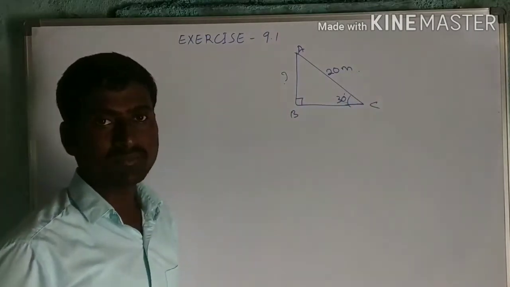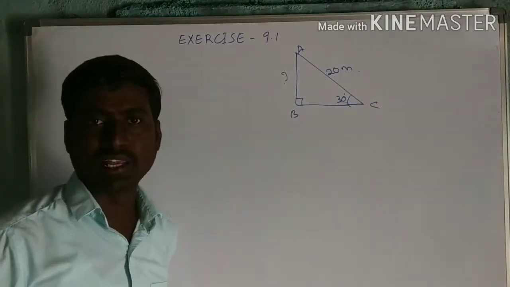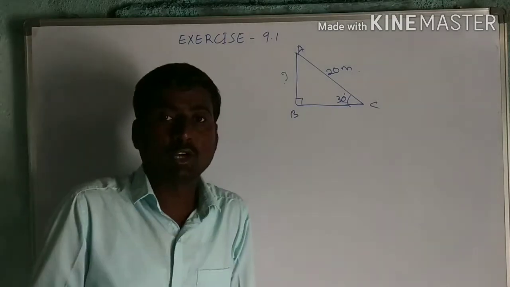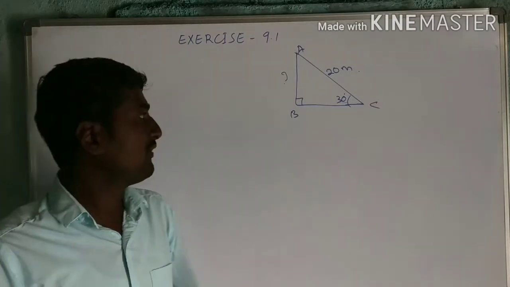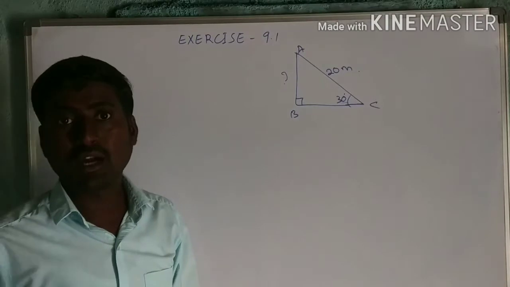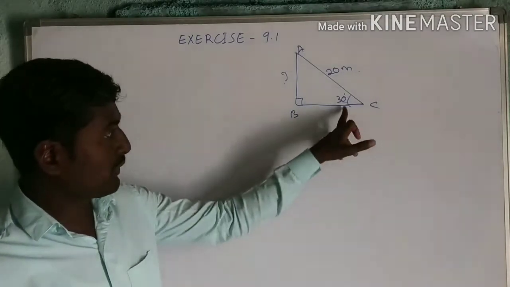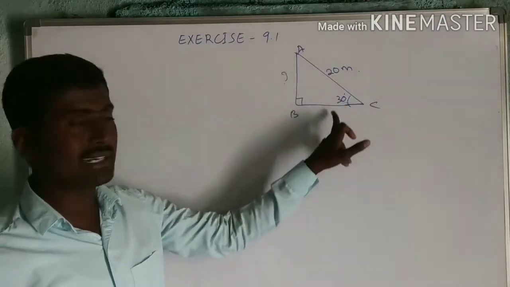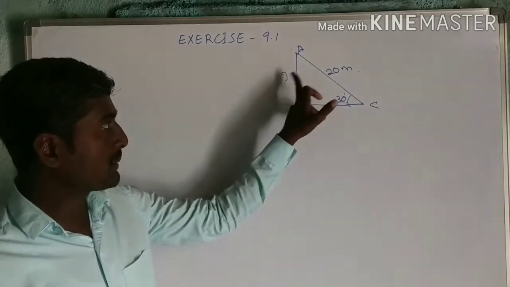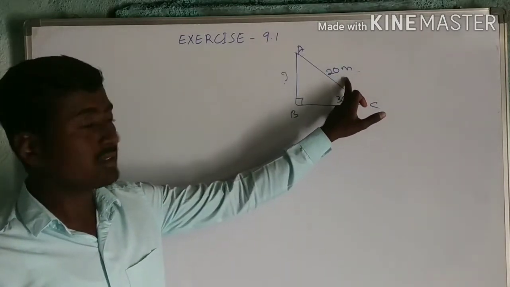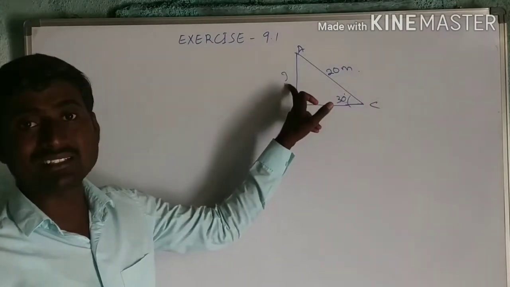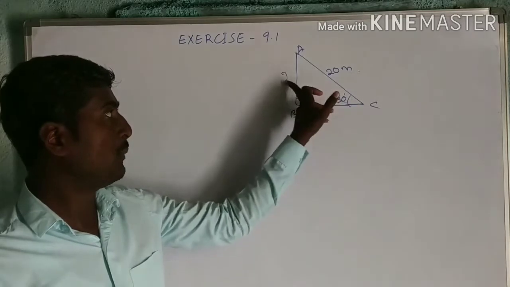AC is known and angle C is known. By using which trigonometric ratio can I find AB? We have to think. For angle C, opposite, hypotenuse, adjacent. Opposite by hypotenuse. In this one the hypotenuse is known, and I can find the opposite side.